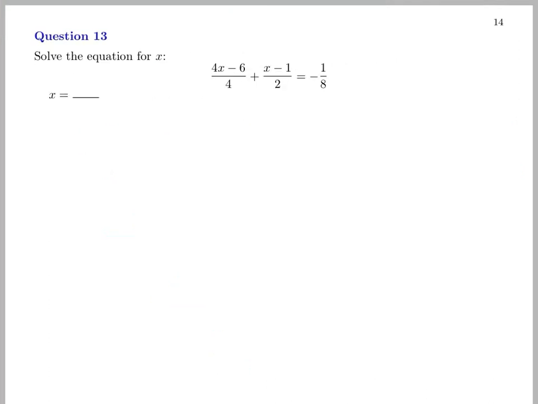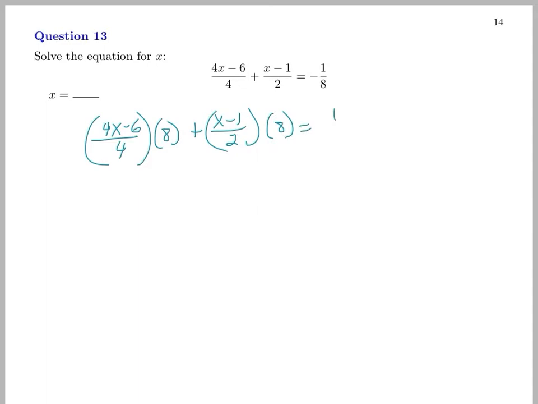Okay, this equation involves fractions, so I'll do what I usually do. So I think I'll multiply everything through by 8. So I have (4x minus 6) over 4 times 8 plus (x minus 1) over 2 times 8 is 1/8 times 8.